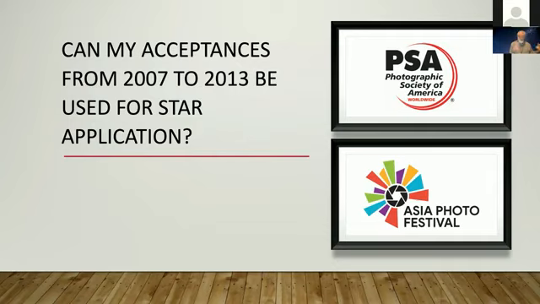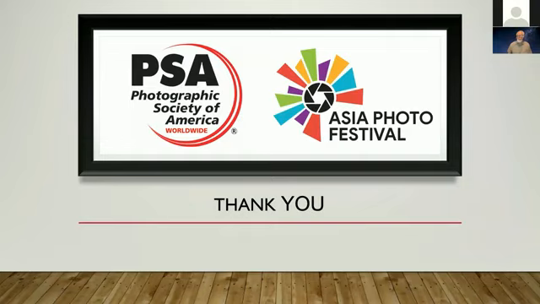To go back 2 years, you'd have to pay $25. And if you had a lot of acceptances from that year that you were able to use, then $25 is good value, because it's basically the cost of entering one exhibition. And if you had even 20 or 50 acceptances from that year that you wanted to use, that's going to be good value to be able to use those for the fee of $25. So that brings us to the end of that presentation.